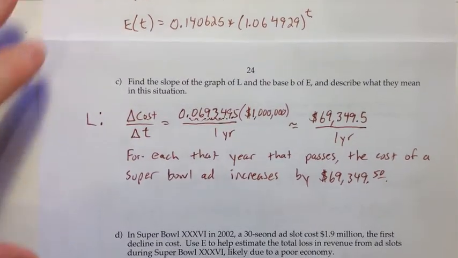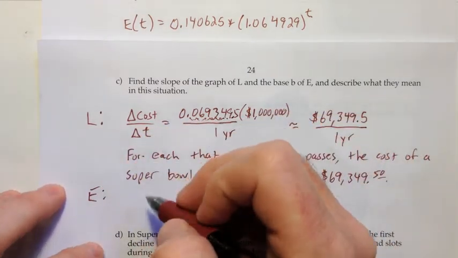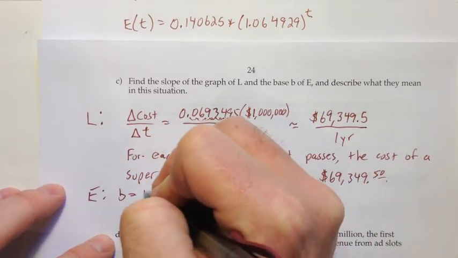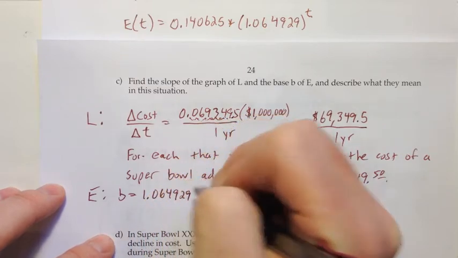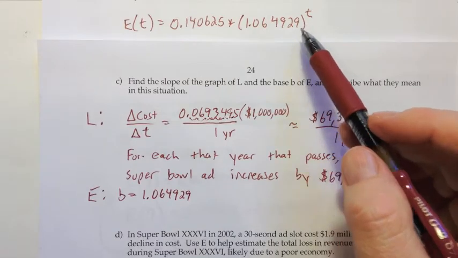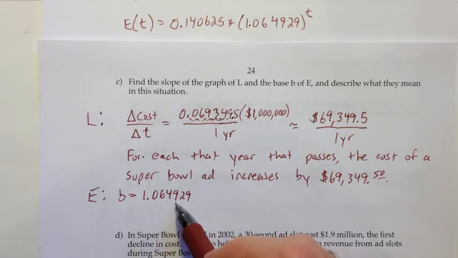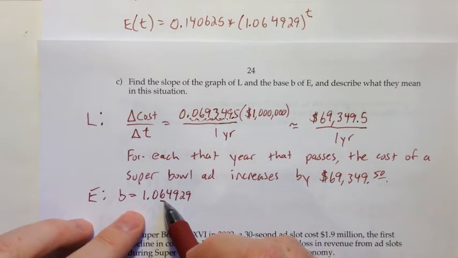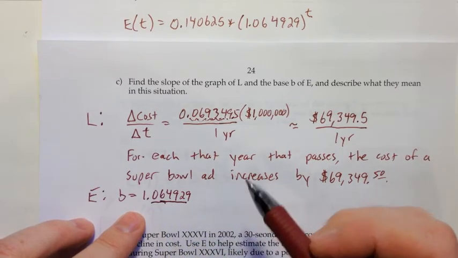Now the new one would be for an exponential function. So for E, we're going to focus on the base, and the base is 1.064929, and that's what we're multiplying by every year. And remember, if you multiply by 1.0649, that's the same as 106.49% of, and this part above 1 tells you what percent increase you're getting, but it's telling it to you in decimal form.